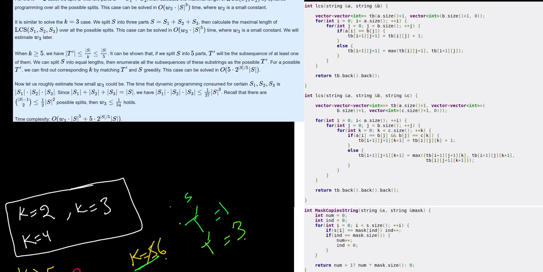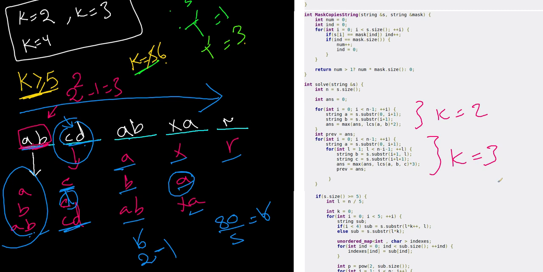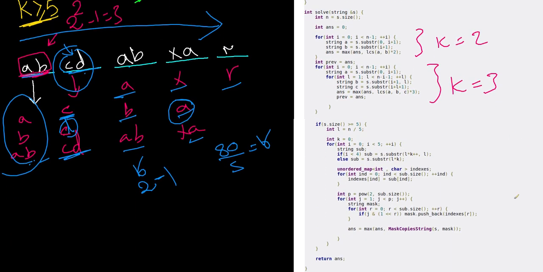The time complexity, because we split the array, remember, into 5 parts. Let's say the length of the string is 80 divided by 5 equals 16, and the number of combinations for every segment is 2 to the power 16 minus 1, and we have 5 segments.